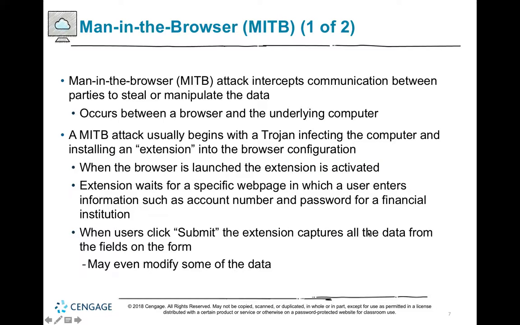Man-in-the-browser is a little bit different. Man-in-the-browser attacks intercept communications between parties to steal or manipulate data. It usually begins with a Trojan infecting the computer and installing an extension into the browser configuration.